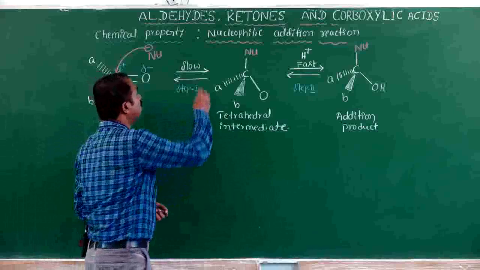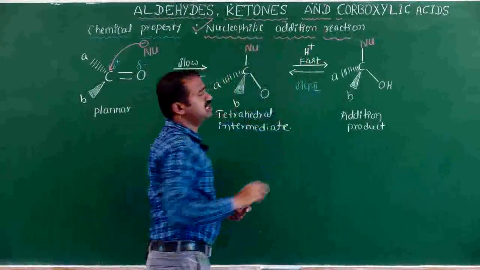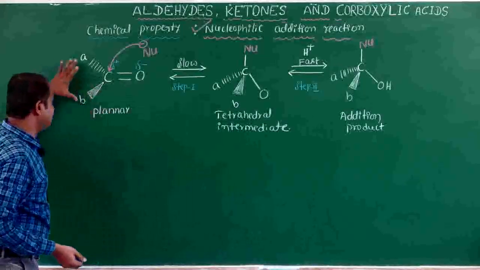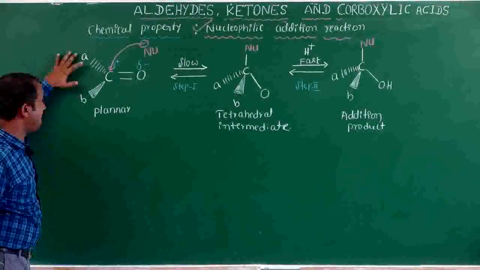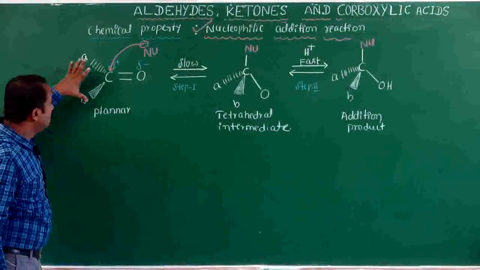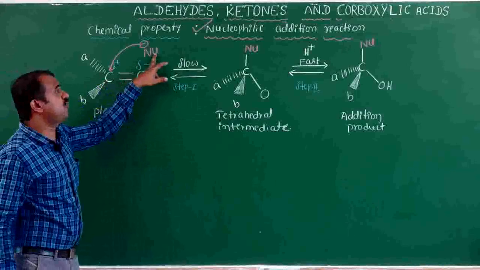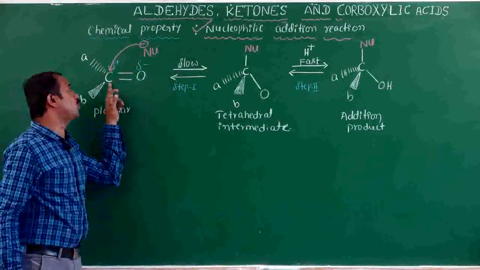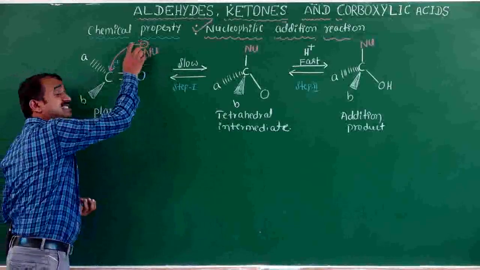First we will go for the nucleophilic addition reaction of aldehydes and ketones. I will take the planar structure of aldehydes and ketones, A and B; either it may be aldehyde or ketone. This is a planar structure. Listen carefully: the nucleophile is attached to the carbonyl carbon atom. Between carbon and oxygen, which one is more electronegative? Oxygen is more electronegative, delta minus. Carbon is less electronegative, delta plus. This acts as an electrophile, and the other acts as a nucleophile.